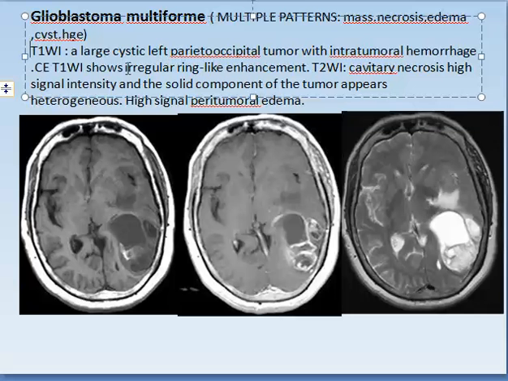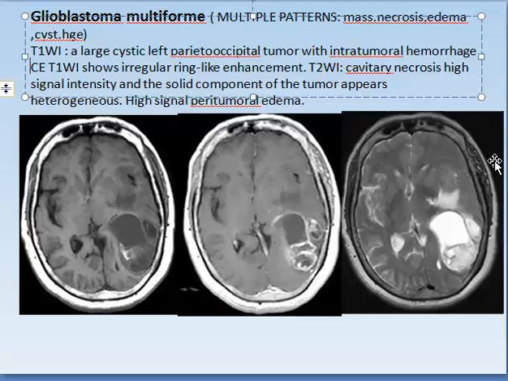Contrast enhanced T1 weighted image in the middle shows irregular ring-like enhancement. T2 weighted images show cavitary changes, necrosis, seen as high signal intensity, and the solid component of the tumor appears heterogeneous with peritumoral edema and attempt at crossing.